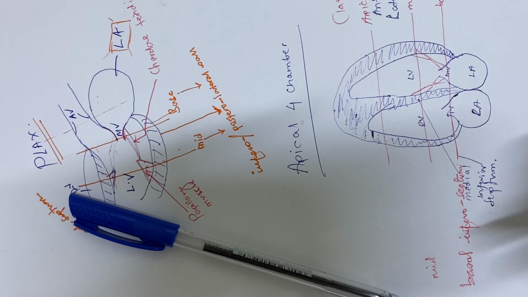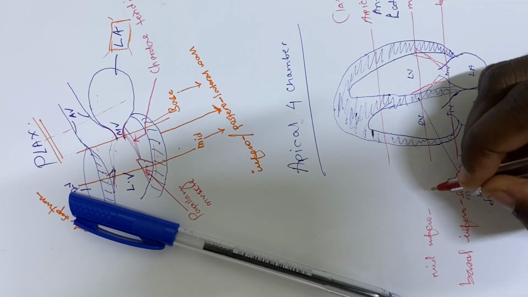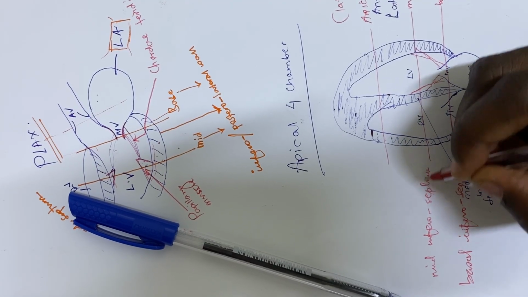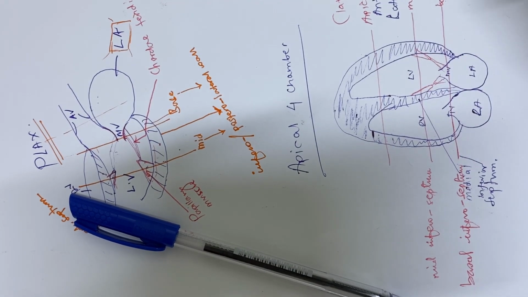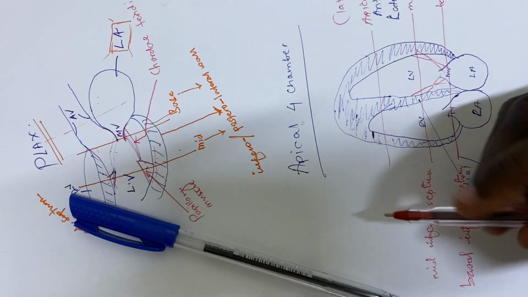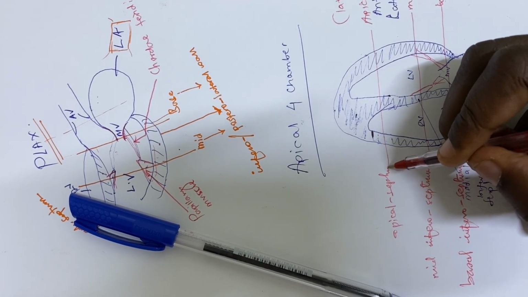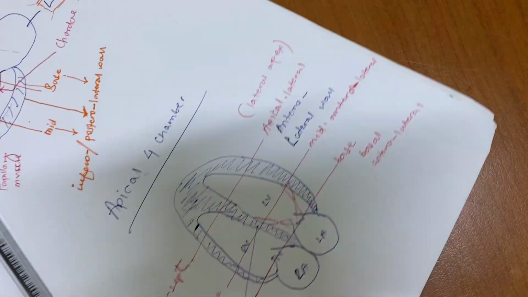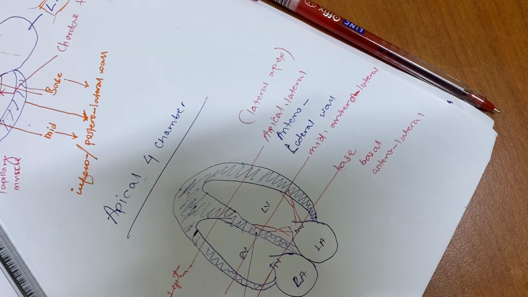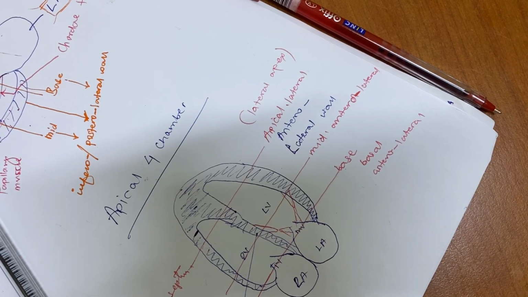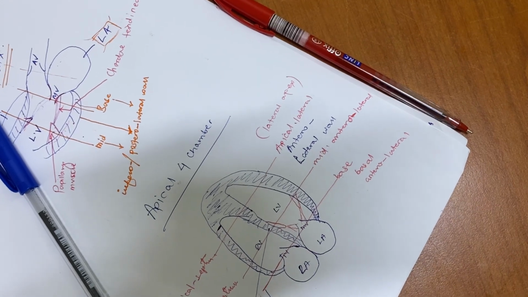Yes, it is still inferior septum. And then this is apical, the apical septum. Nice, good. Yes, that's how it is named for the four chamber. So whenever you see the four chamber, that is how it is.